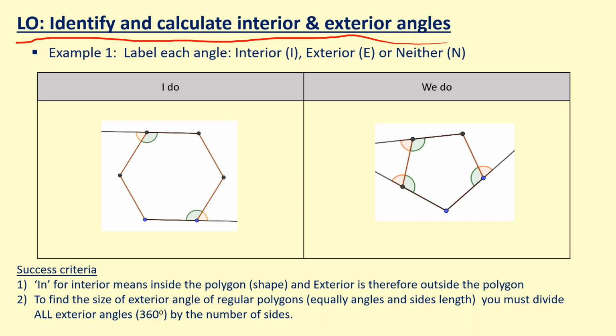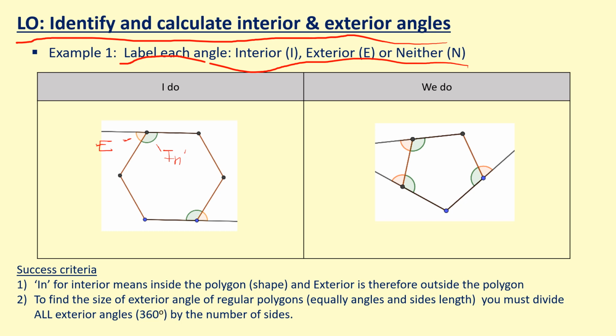We're going to label each of these polygons, what angles we can see on these polygons, either interior, exterior, or neither. Okay, so on the I do, this one on the outside here is going to be exterior, and the one that's got the green edge is interior, inside.